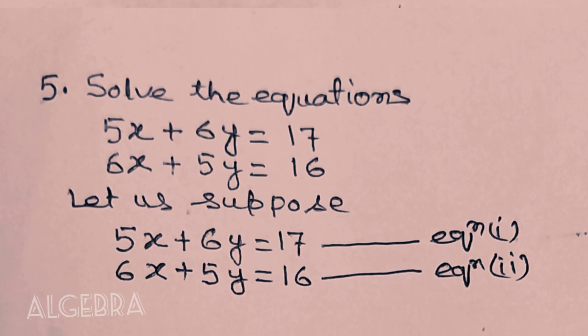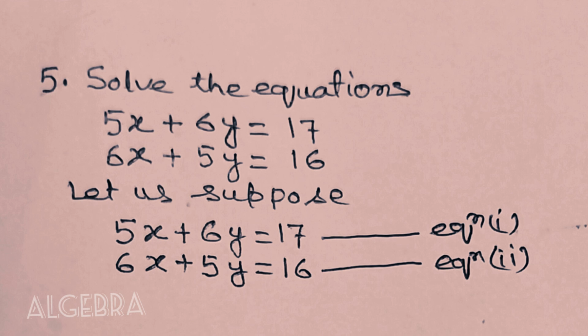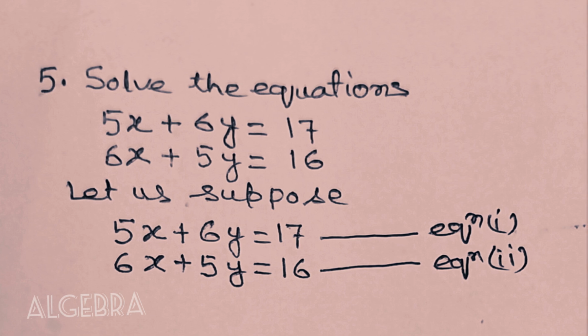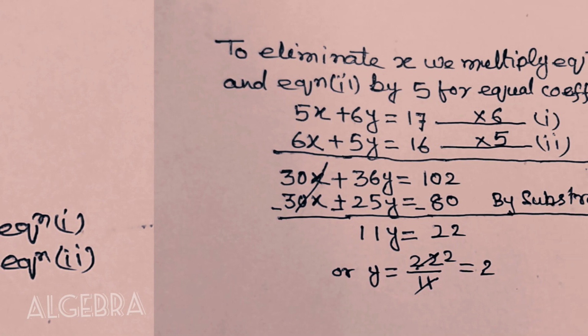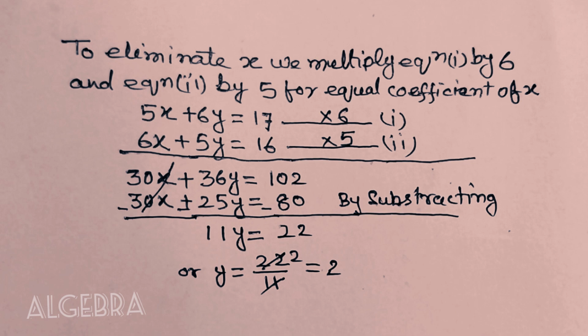5. Solve the equations 5x plus 6y is equal to 17 and 6x plus 5y is equal to 16. Let us suppose 5x plus 6y is equal to 17, equation 1, and 6x plus 5y is equal to 16, equation 2. To eliminate x, we multiply equation 1 by 6 and equation 2 by 5 for equal coefficients of x.